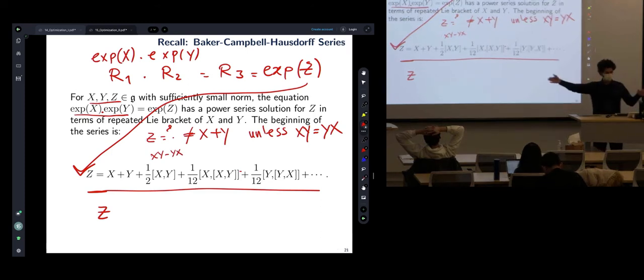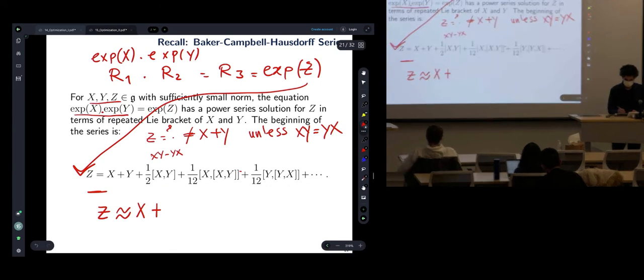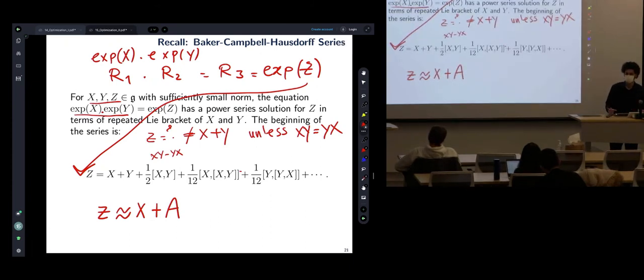You just expand it and then collect the terms somehow into an approximation that will give you X plus, what should I call it, I'm going to call it A, some Jacobian matrix times Y, and drop all other terms.